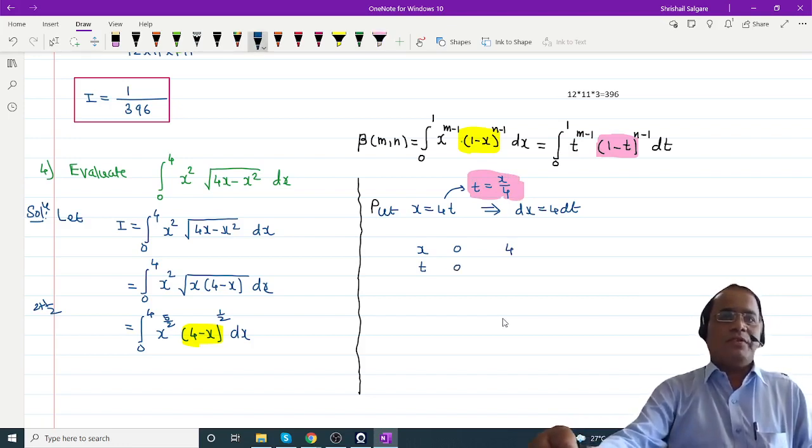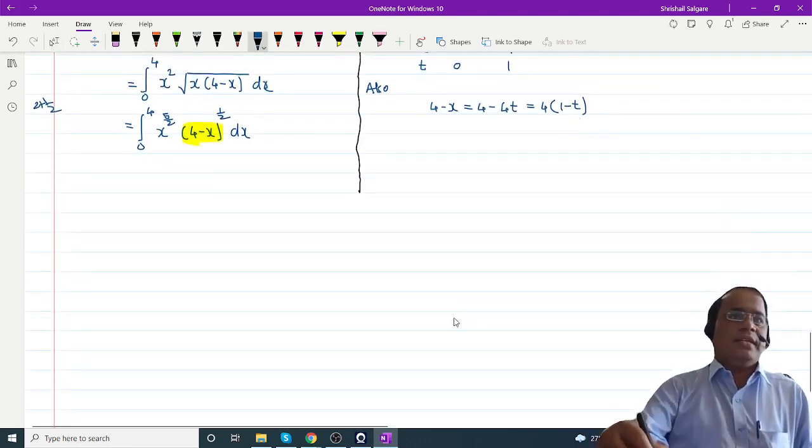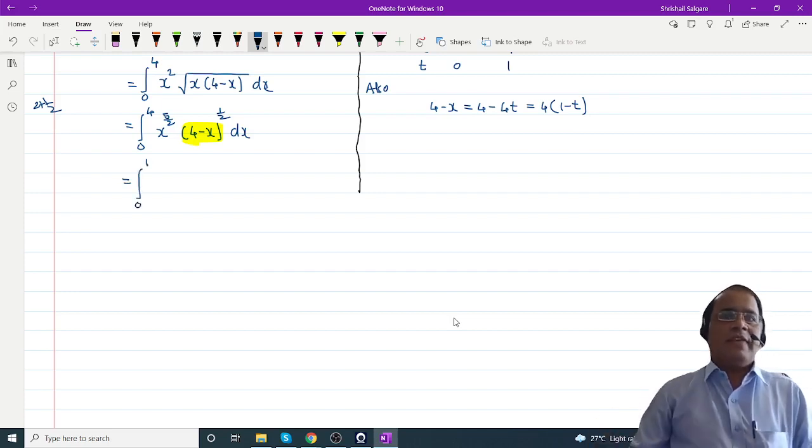When x is 4, it comes as 4 by 4, that is 1. Also the factor 4 minus x can be simplified as 4 minus 4t, which is 4 into 1 minus t. So this integral can be simplified with new limits from 0 to 1.